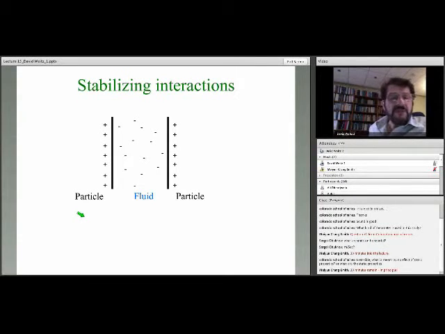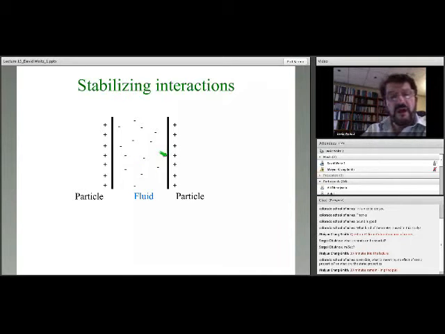One of the most common kinds of repulsive interaction is the charge interaction. That's important in aqueous systems because you can get dissociation of charges in the system. And you can understand that by looking at this diagram of the two surfaces, the interfaces of two colloidal particles that are approaching one another.